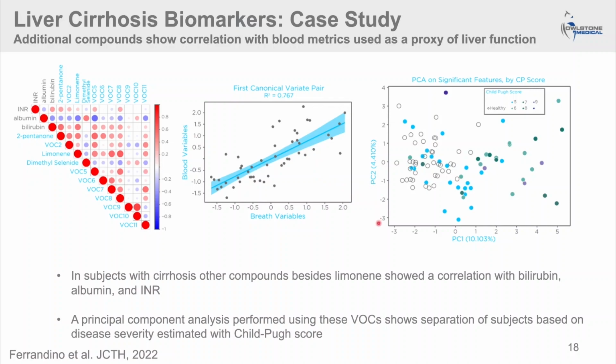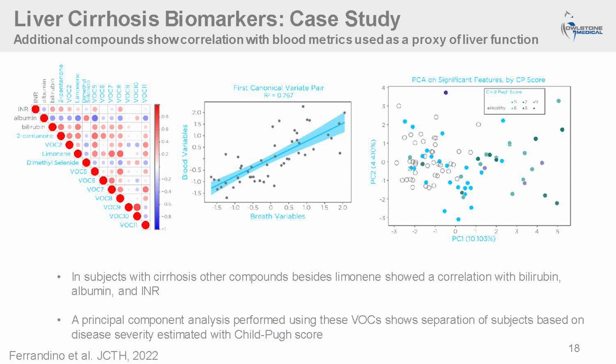And if we perform a principal component analysis of these VOCs, we can see a separation on the first component of the cirrhosis subjects compared to the healthy controls, which are represented by the empty circles, especially if they have a higher Child-Pugh score, indicating that they separate based on the disease severity.